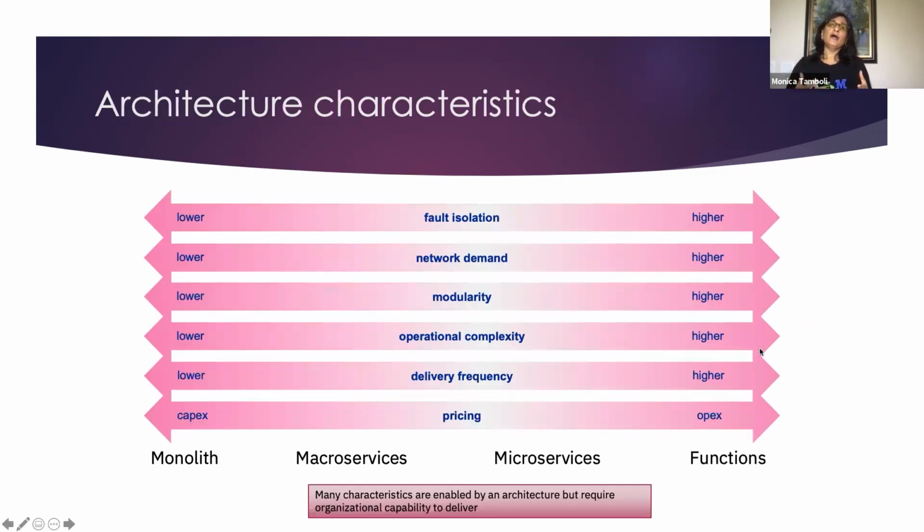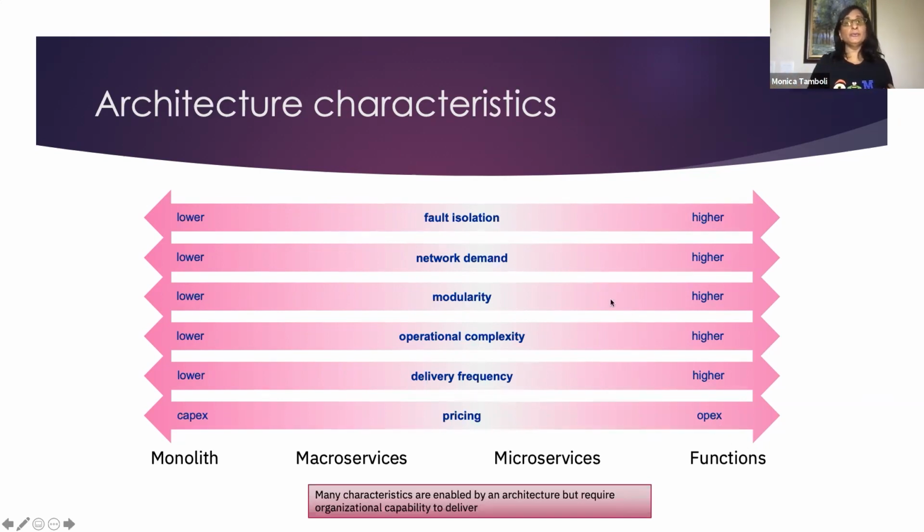I would use something like this as a tool in deciding what architecture works best, depending on what your goals are. For example, if you see that new features will be coming very often, then going towards microservices would be beneficial.